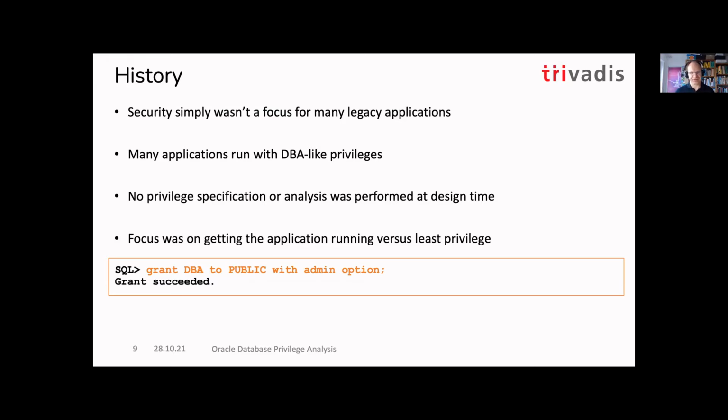There are even applications where the installation scripts start with grant DBA to some application user, and no one really thought about it. Or they said, oh, we'll start in the development area with DBA privileges, and later on we'll check which privileges are really needed. And you know, later means never in this context.